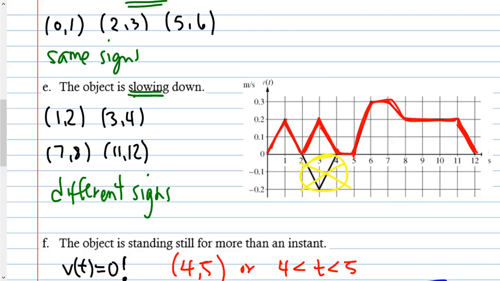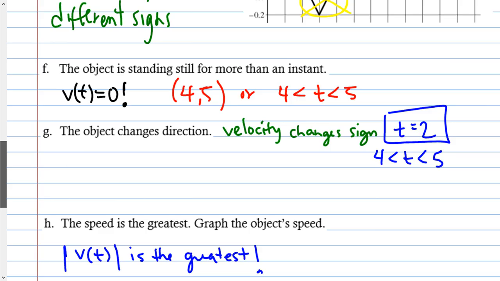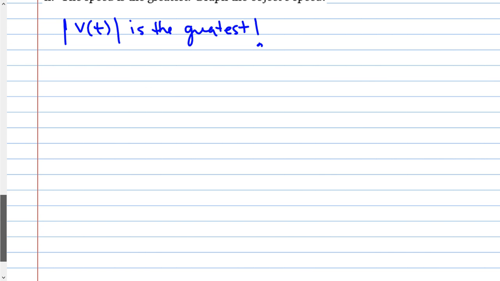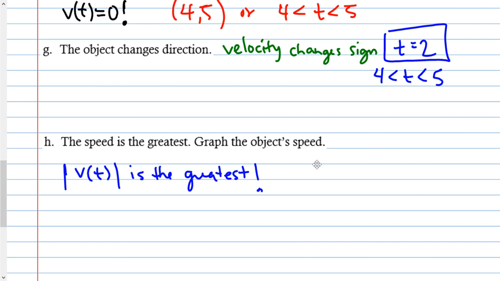But anyway, the highest points are up here, right? So I would say that the speed is the greatest from 6 to 7. And I'll do that one as one of these intervals. Doesn't really matter, I just want to show you both.